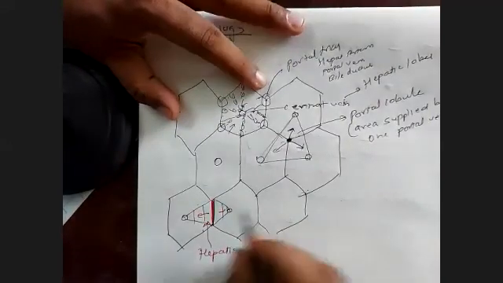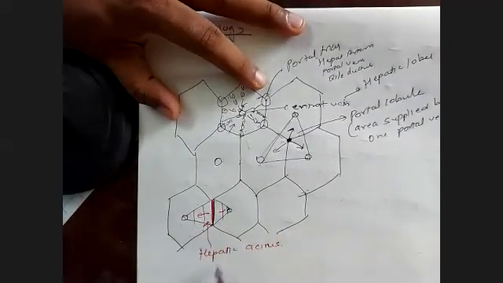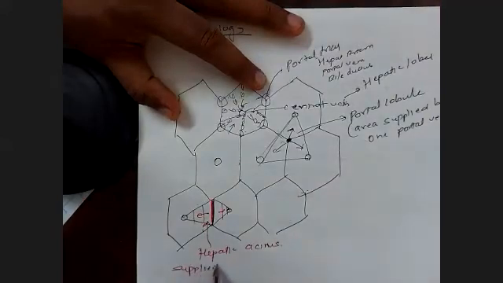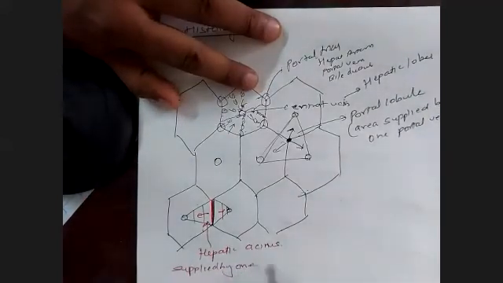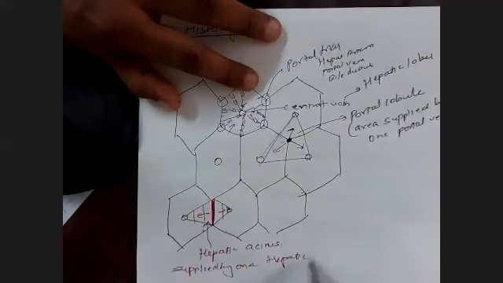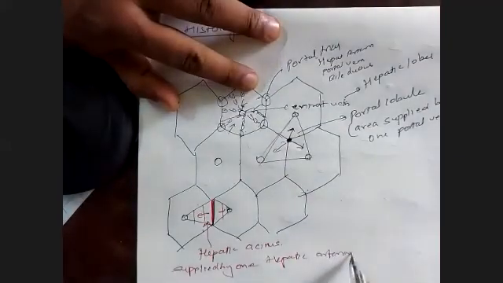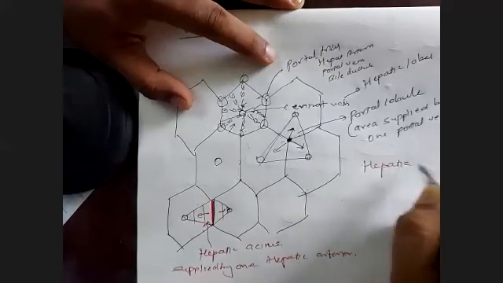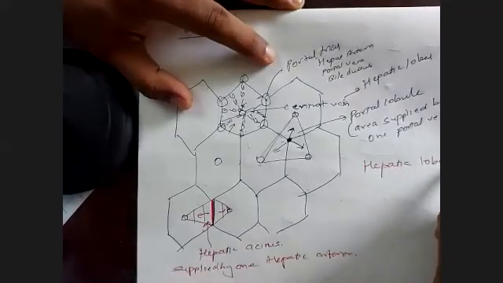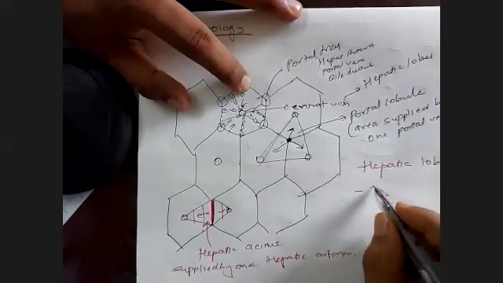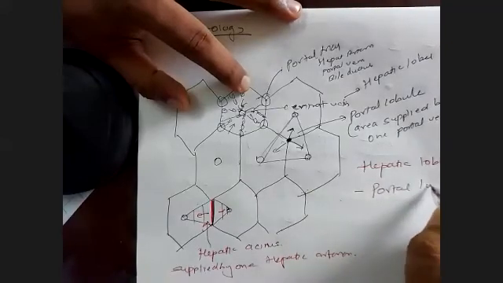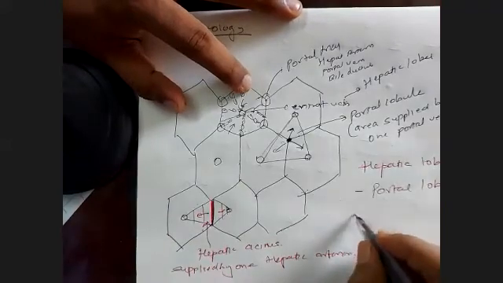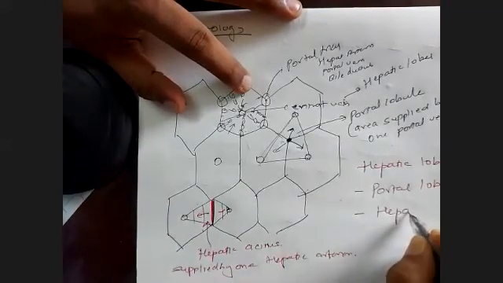Hepatic acinus is the area supplied by one hepatic arteriole. So you have to write about the hepatic lobule, the area drained by one central vein, then the portal lobule, the area supplied by one portal venule, and the hepatic acinus.